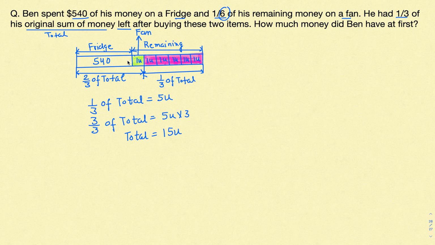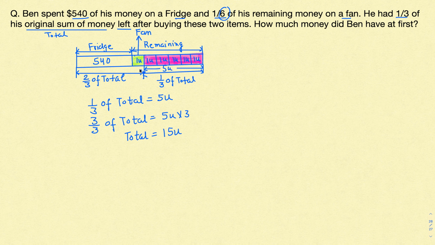So we first have to find out how many units he spent on the fridge. You can see here this one is 5 units, and this is 1 unit.